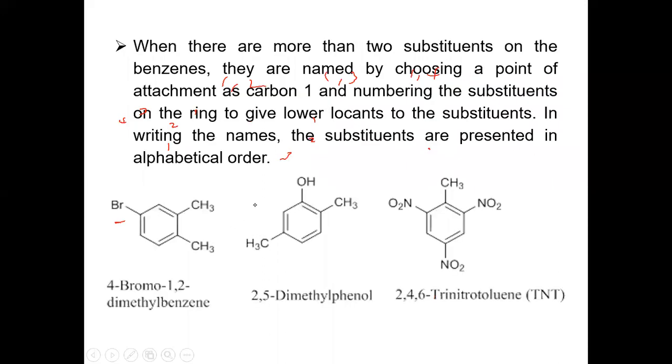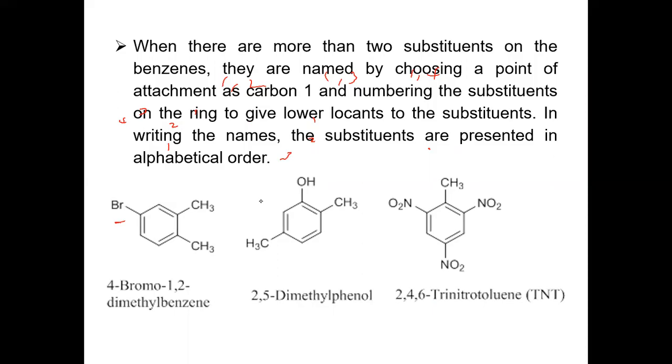Good. So we are saying that when there are more than 2 substitutions on the benzene, they are named by choosing a point of attachment as carbon 1 and numbering the substituents on the ring to give lower locants to the substituents. In writing the names, substituents are presented in alphabetical order.